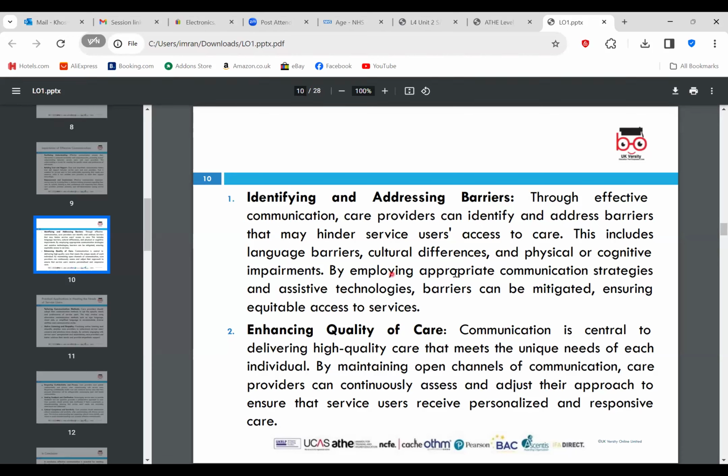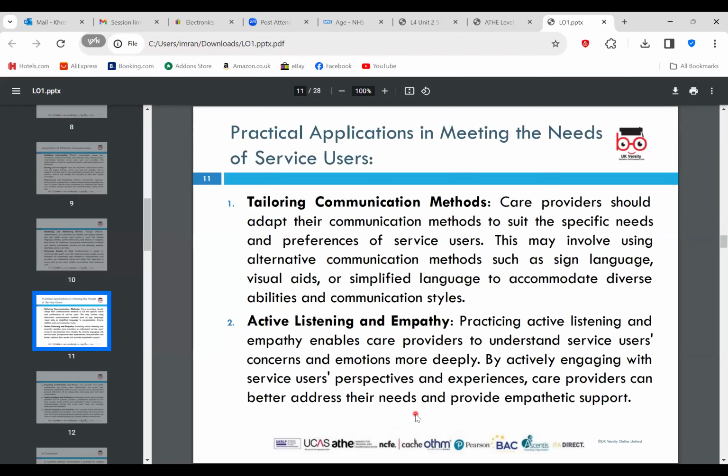Whatever barriers there are, those need to be addressed. And then enhancing quality of care. With whatever care you are giving, whether small or large, that has to be enhanced. This is when you would meet the quality standards.